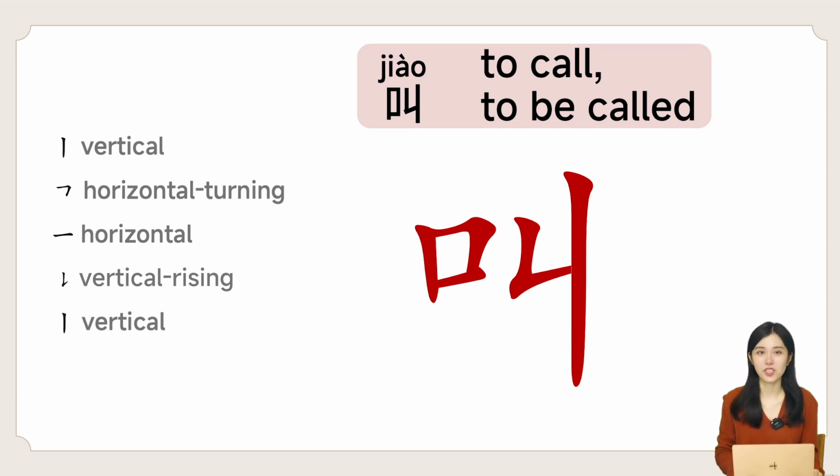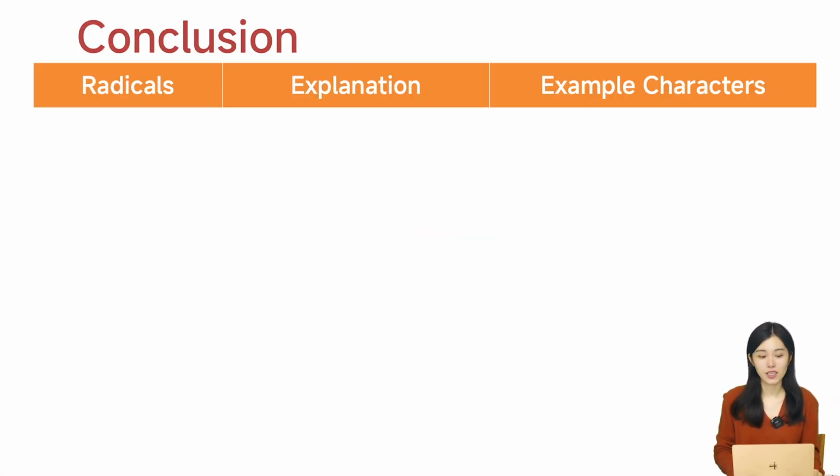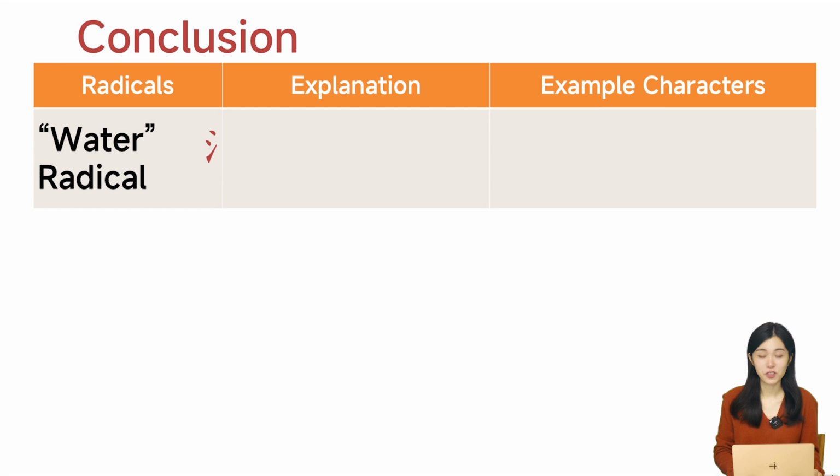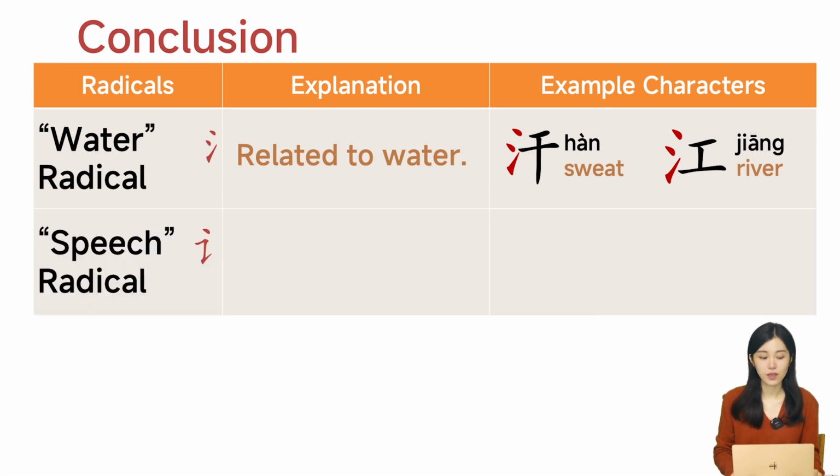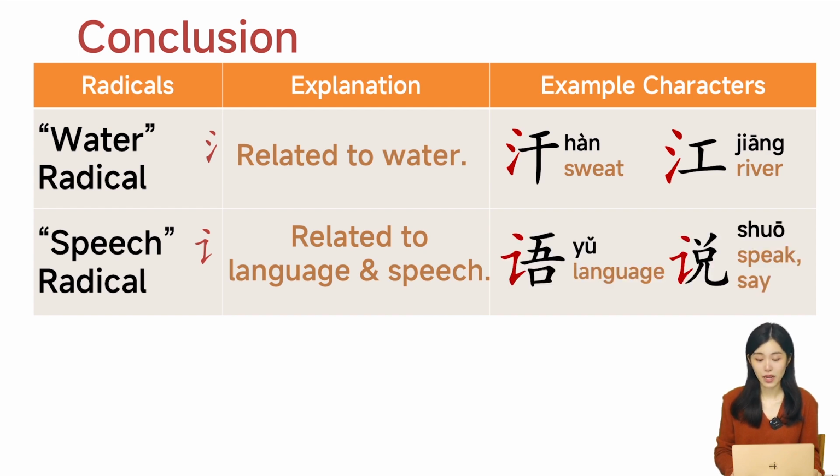Let's make a conclusion. We learn water radical, which is related to water, and we write some example characters, 汉, 江. Then we learn speech radical, which is related to language and speech. We write some example characters, 语, 说.